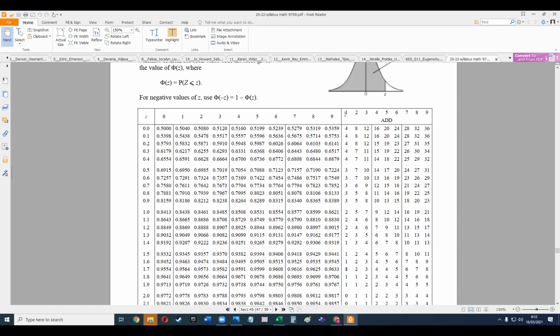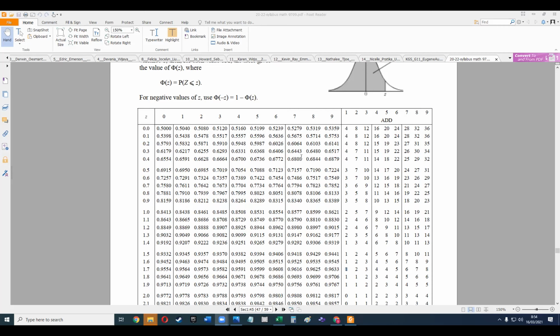For the second number, we have a similar case. But then we have the area, the phi of K number 1 as 0.680. So K number 1 is the phi inverse of 0.680. Same thing here. 0.69 is too big, so 0.65 here. Go to the right until we have 0.680.